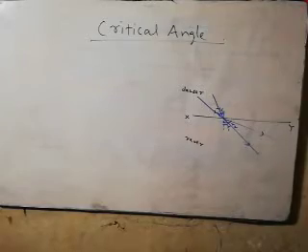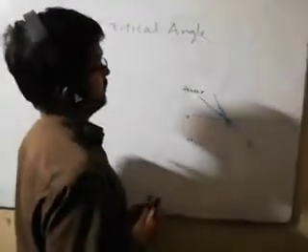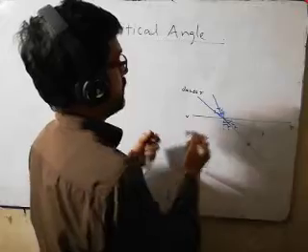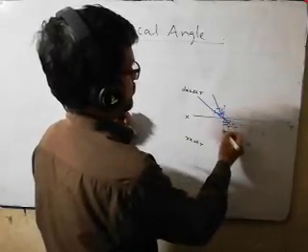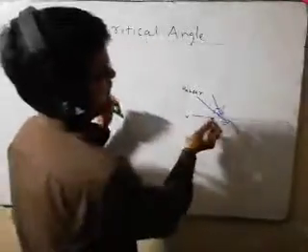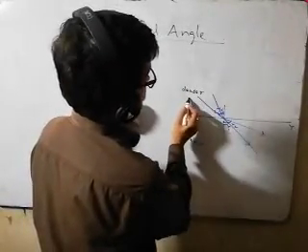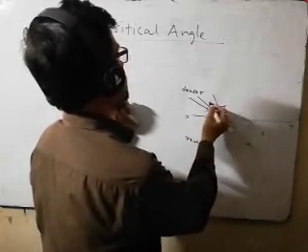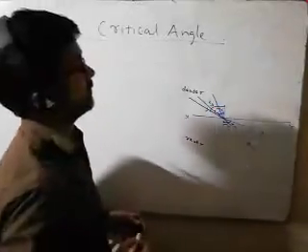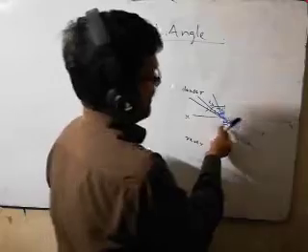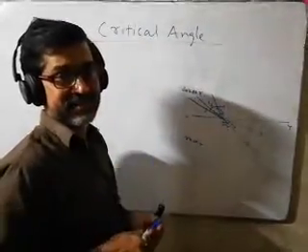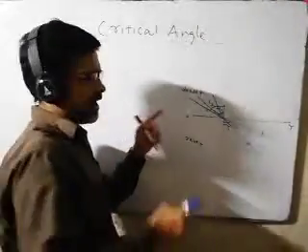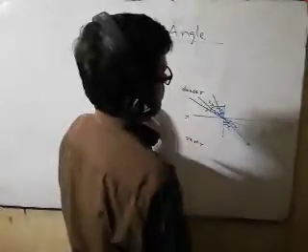One time will come for a particular angle of incidence, maybe this is the particular angle of incidence I3, for which the angle of refraction will be 90 degrees, or we can say the light ray will move after refraction along the surface like this.